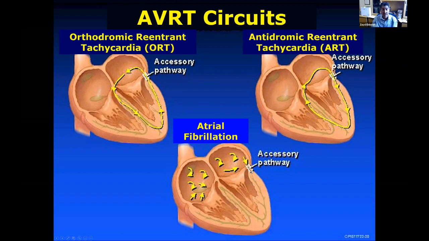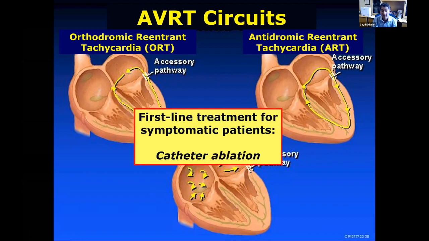So can you imagine if you have an accessory pathway that's able to conduct 500 impulses a minute? What happens in atrial fibrillation with an accessory pathway? That could potentially turn into ventricular fibrillation. So these can be deadly. That's why they need to be recognized and treated and potentially ablated when necessary.